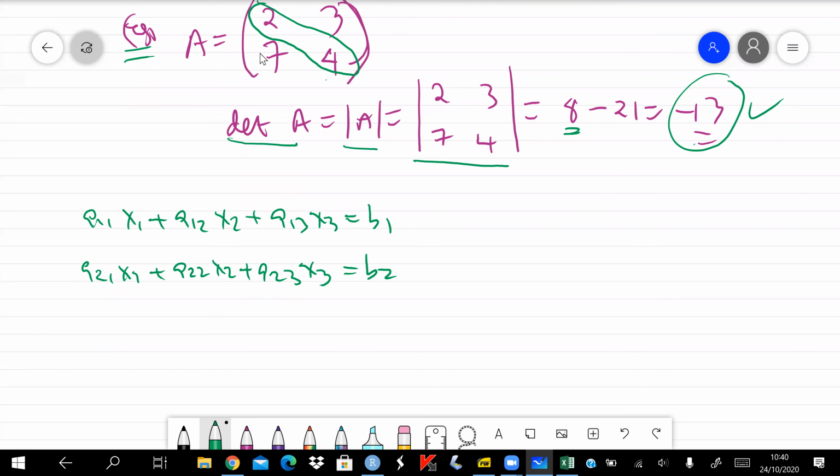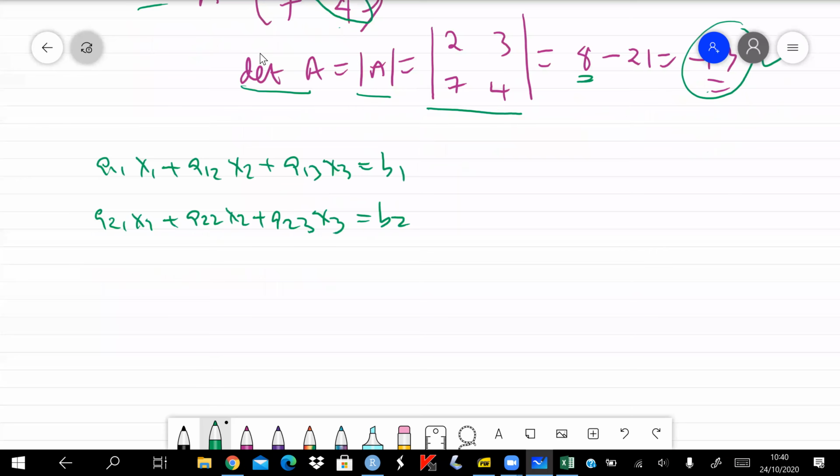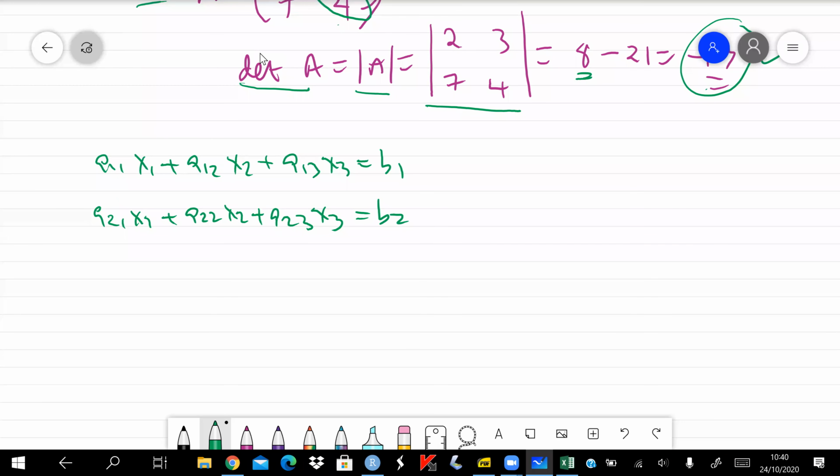Then you notice that when you have 3 unknowns, you need at least 3 equations. So A31 x1 plus A32 x2 plus A33 x3 equal to B3.